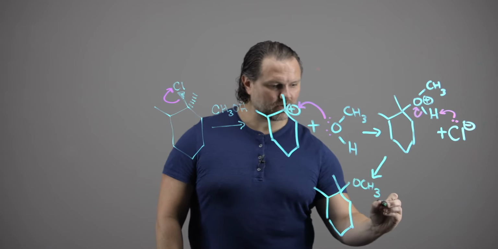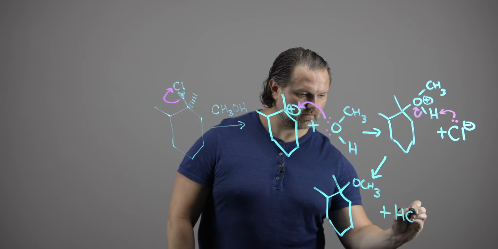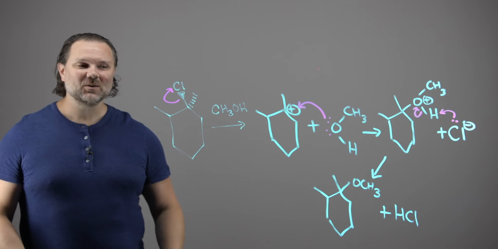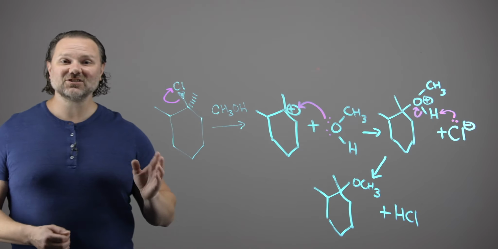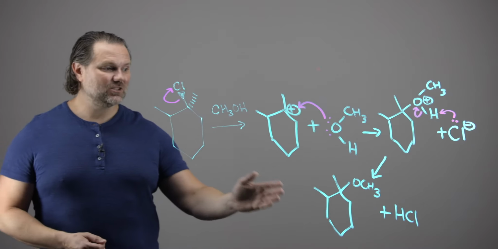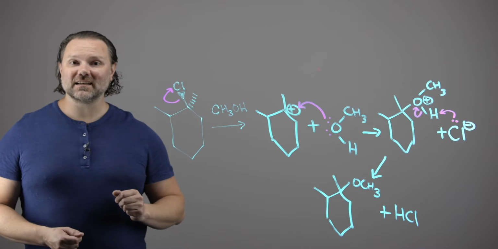And we have our byproduct of hydrogen chloride. What did we do in this reaction? We transformed a halogenated hydrocarbon into an ether via an SN1 pathway.